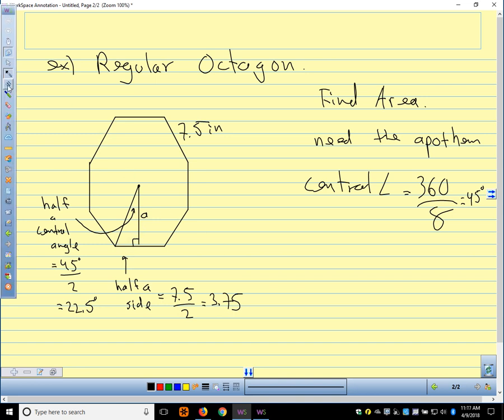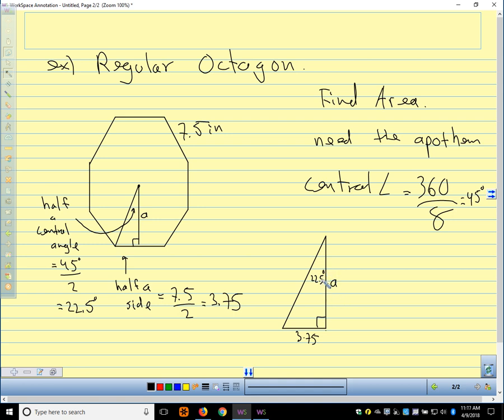So I'm going to redraw that little triangle, just make it a little bigger here. So there's a triangle that I have. Nice right triangle. This is 3.75. This is 22.5. And we need the apothem. Well, we have a right triangle. We know that Sohcahtoa always works. So let's label this triangle.